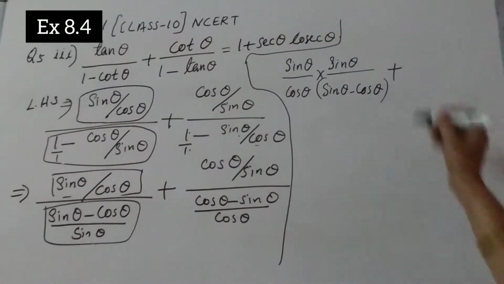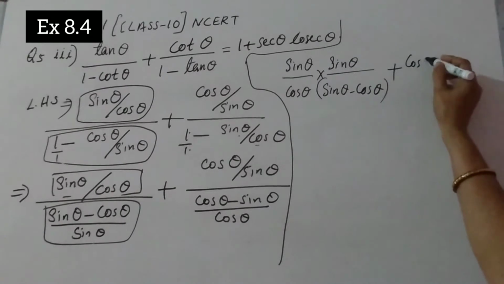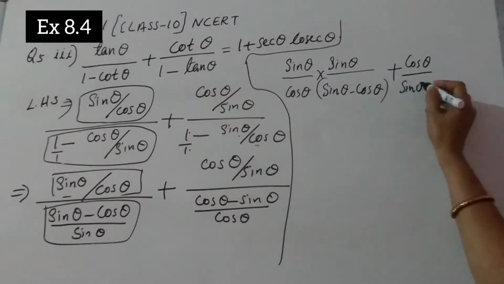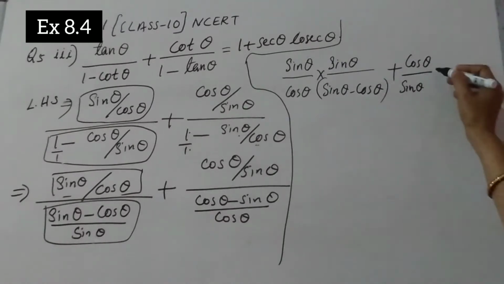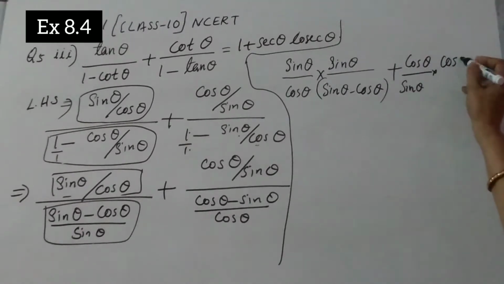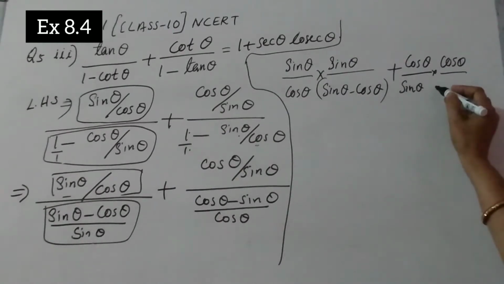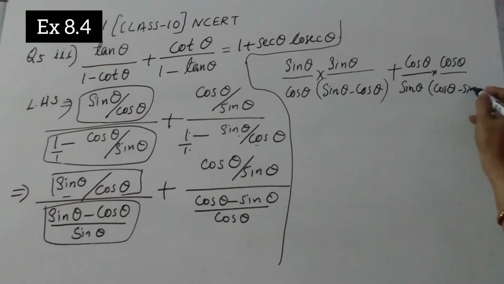Fraction by another fraction, so numerator you should write as it is, cos theta by sin theta into, taking the reciprocal, cos theta divided by cos theta minus sin theta.